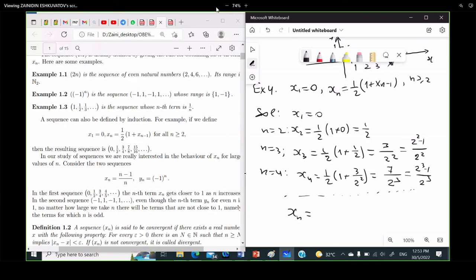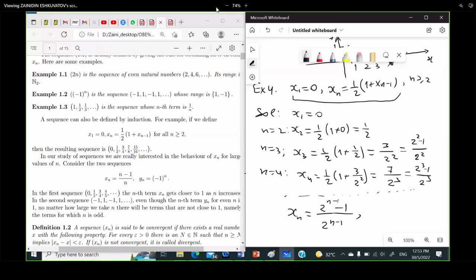When it is 4, this is 3. So if it is 3, here n minus 1, minus 1. Now you see, from this equation I find the nth element of the sequence.